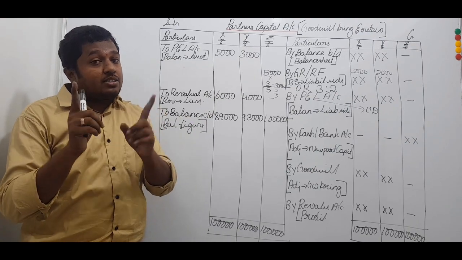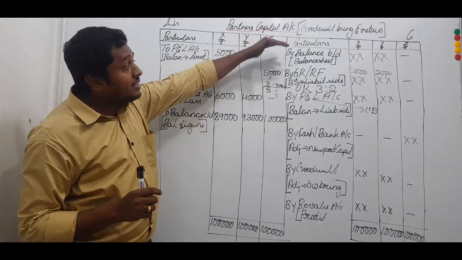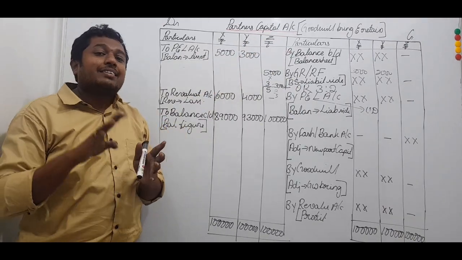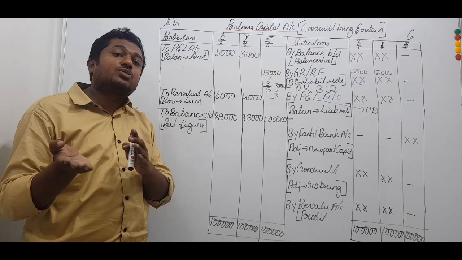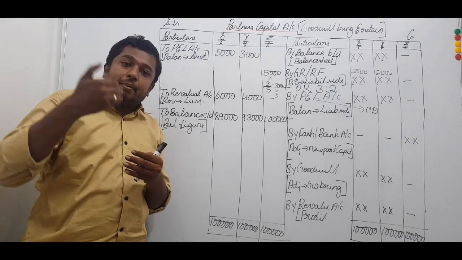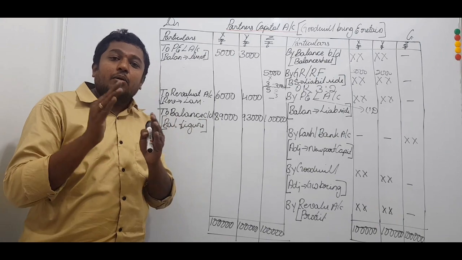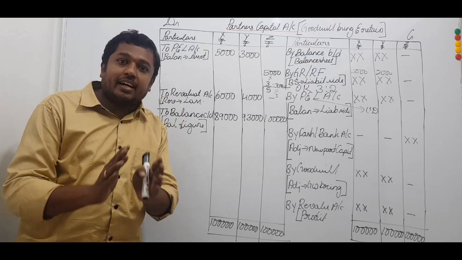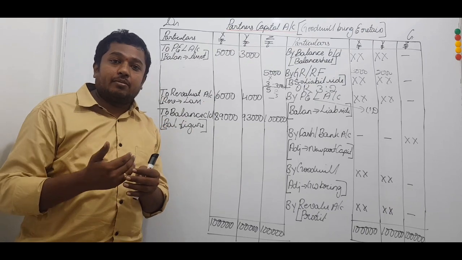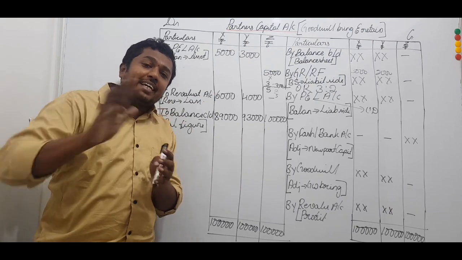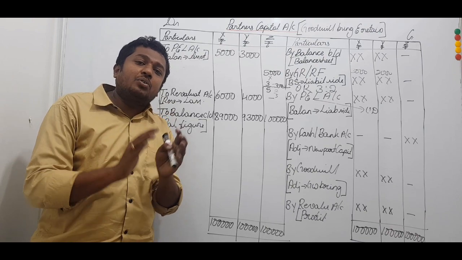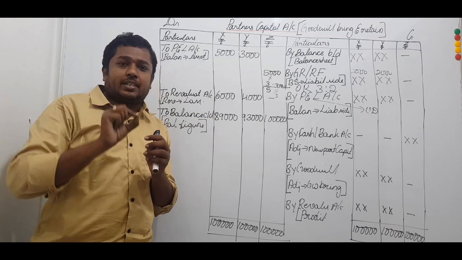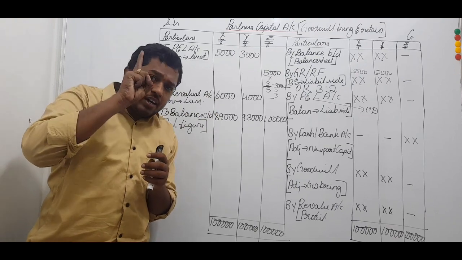But assume one thing, this is a partners capital account for only one case. I told you there are 4 cases based on goodwill: goodwill brought and retained, goodwill brought and withdrawn, goodwill raised and retained, goodwill raised and withdrawn. For any case, the partners capital account remains the same except one slight adjustment.